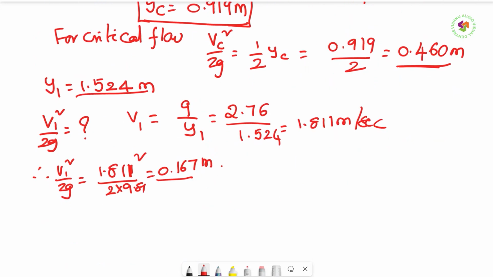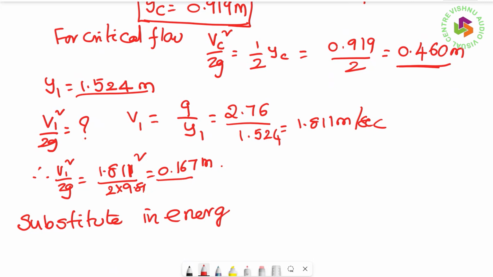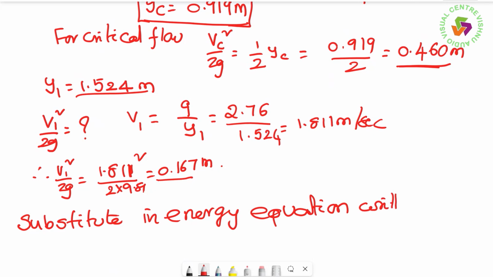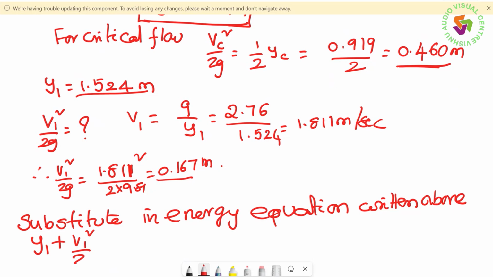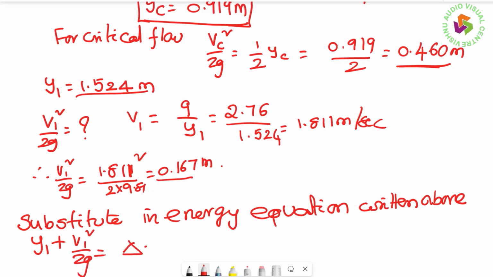So let us take the equation, substitute in the energy equation written above. So y1 plus v1 squared by 2g is equal to delta z plus yc plus vc squared by 2g.